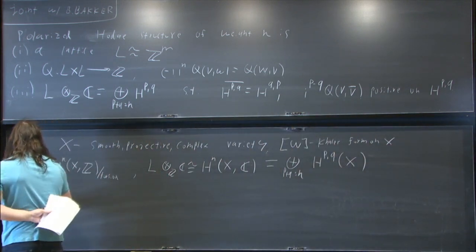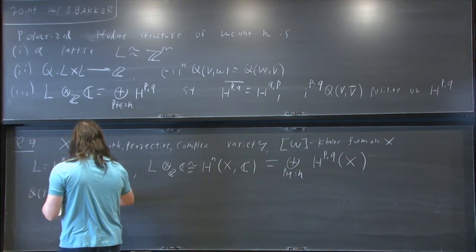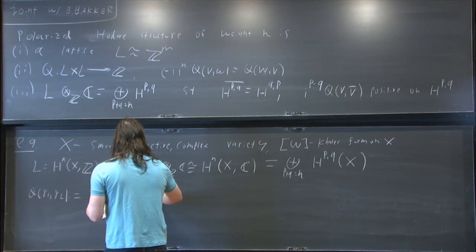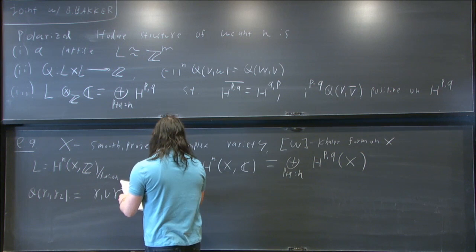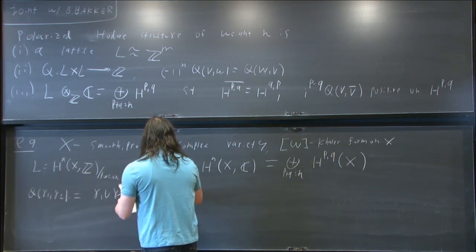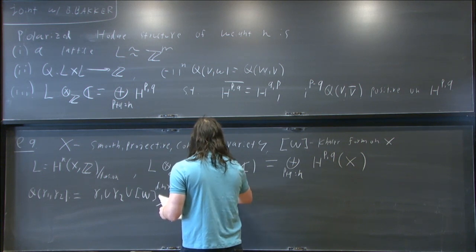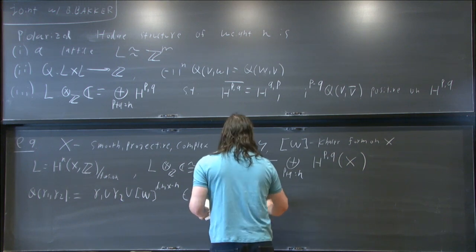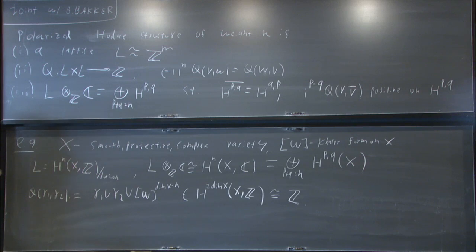And we just define Q of gamma 1, gamma 2 to be the cup product of gamma 1 with gamma 2 together with this class on X to the power of the dimension of X minus n. So this will be an element of H^{2 dim X}, which is isomorphic to Z. This is the definition that motivates it.